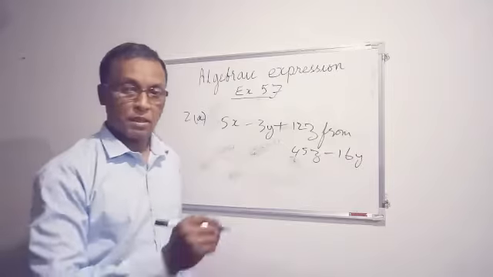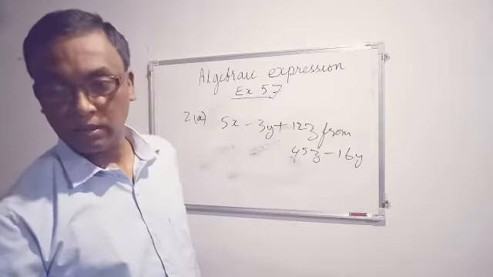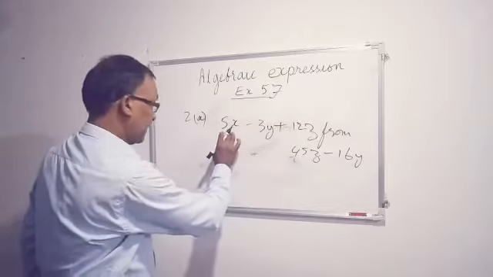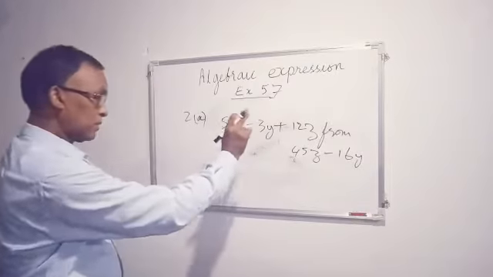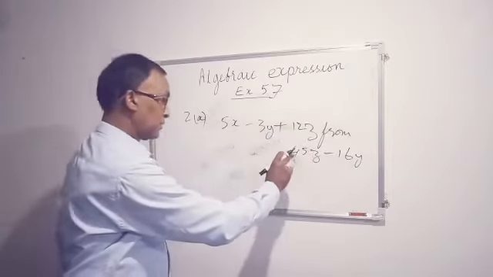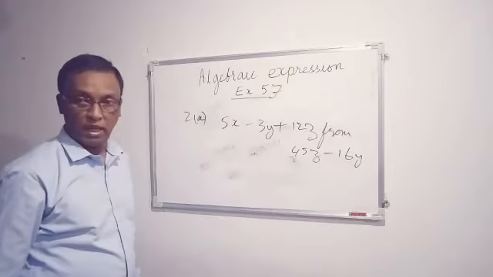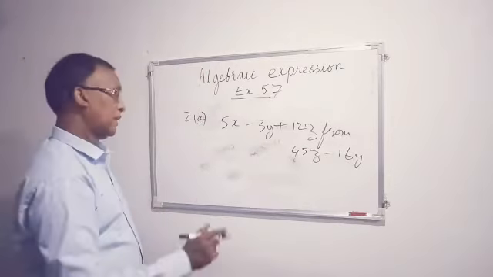Clear, I think. Subtract the following expression using the vertical method: 5x minus 3y plus 12z from 45z minus 16y, and we have to use the vertical method.